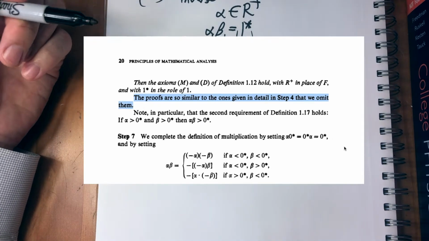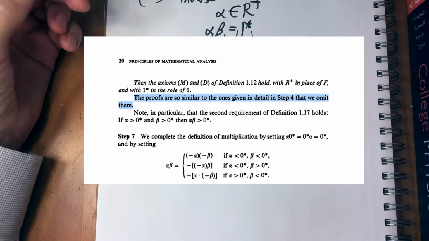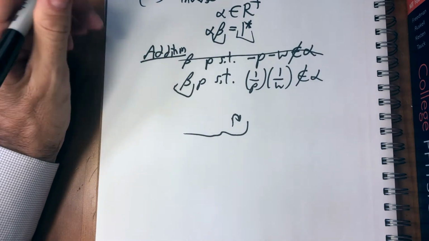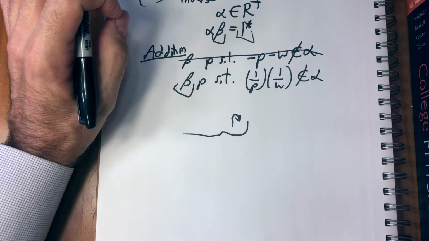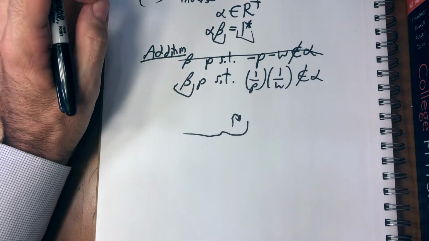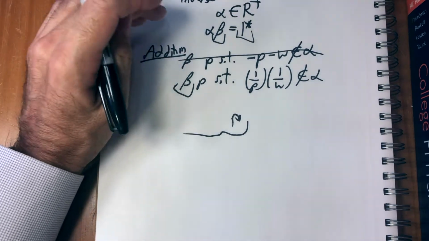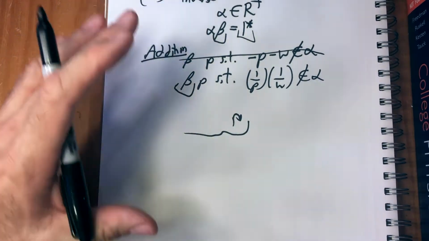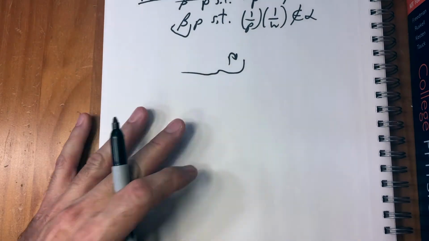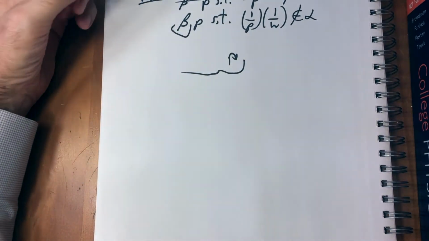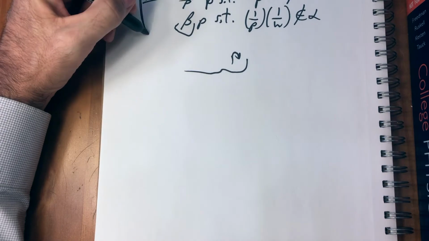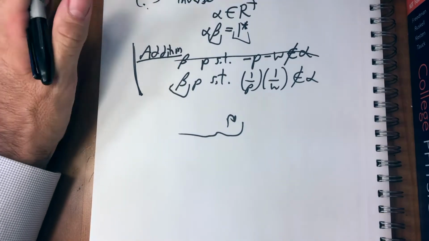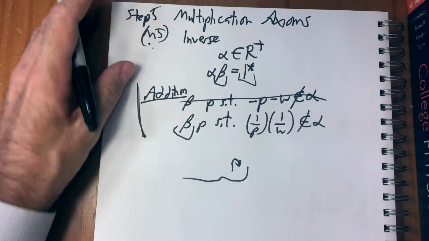I think he actually didn't even try, because they're not similar, and as far as I can tell, not possible to do in the way that he did the addition axioms. So what I'm going to do this video is try to apply what we did in addition to prove the multiplicative inverse and see how far we can get.